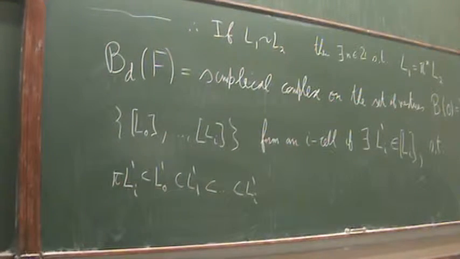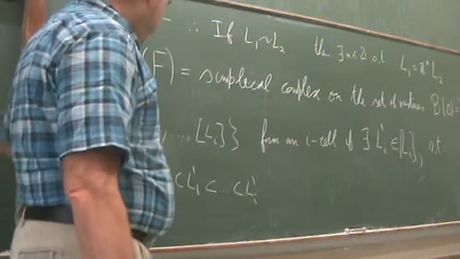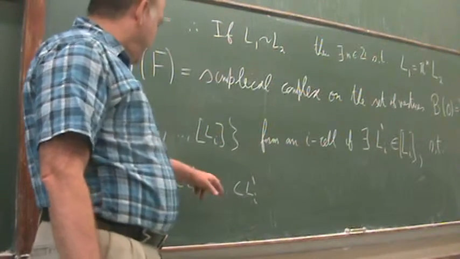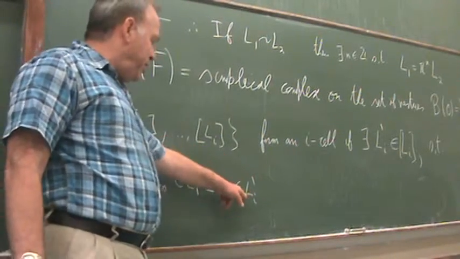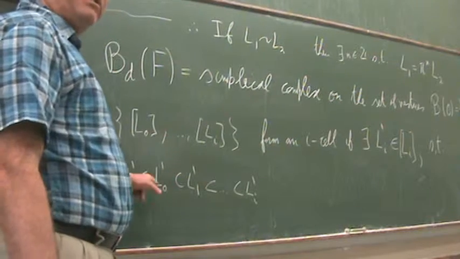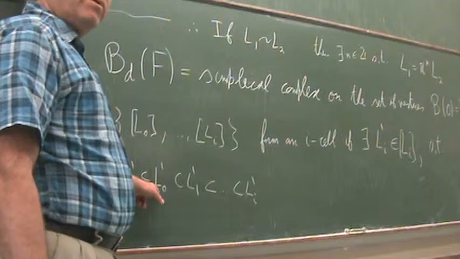This is something similar to what we remember from the spherical building associated with finite fields. And in a minute we'll see that there is a connection. But here it's somewhat different. We are really talking about O modules, and we want that if we take the top one multiplied by pi, it's inside this one.